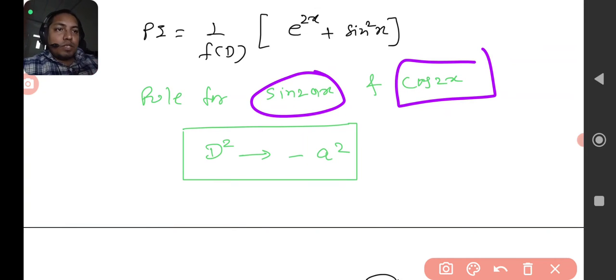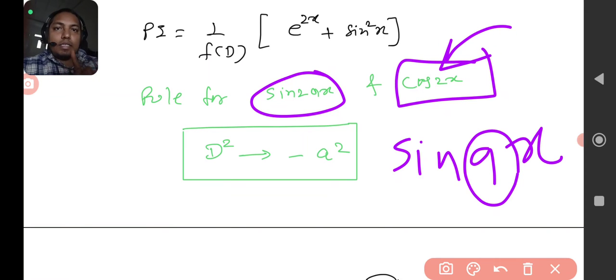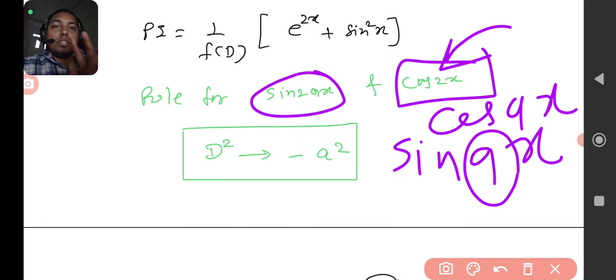Whatever is the coefficient of x, that is a here. And when you see cos 2x, it means you have to write cos ax, because the rule I'm going to tell you is that for sine ax and cos ax, any coefficient of x will follow the same rule.